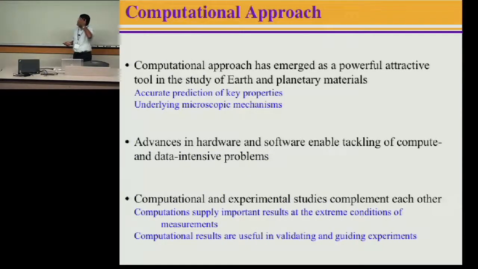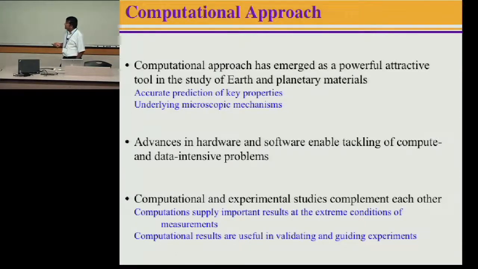Okay, so the computational approach has been very popular in this area for the last 10, 15 years. The major advantage is the accurate prediction of several key properties, and at the same time, it helps us reveal underlying microscopic mechanisms at the atomic or electron level.